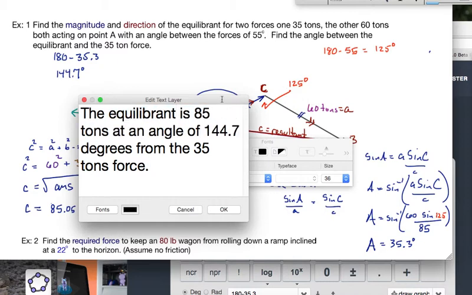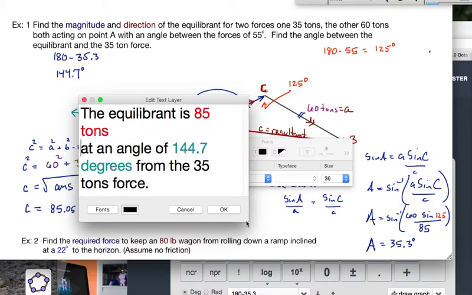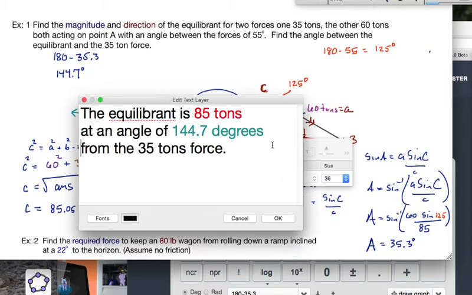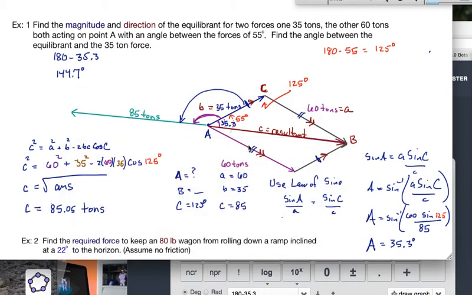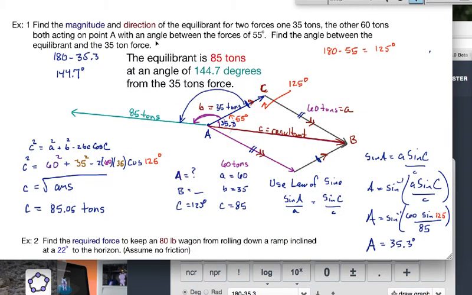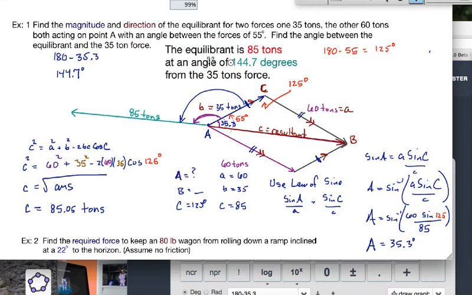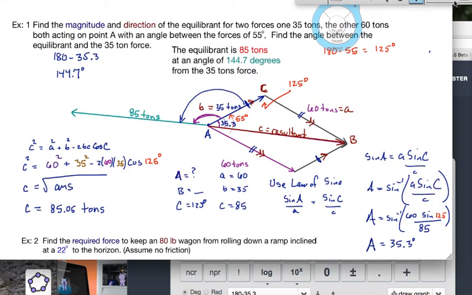Equilibrant is 85 tons at an angle of about 145 degrees. Okay, and that's our answer. Why don't we stop there for example 1.